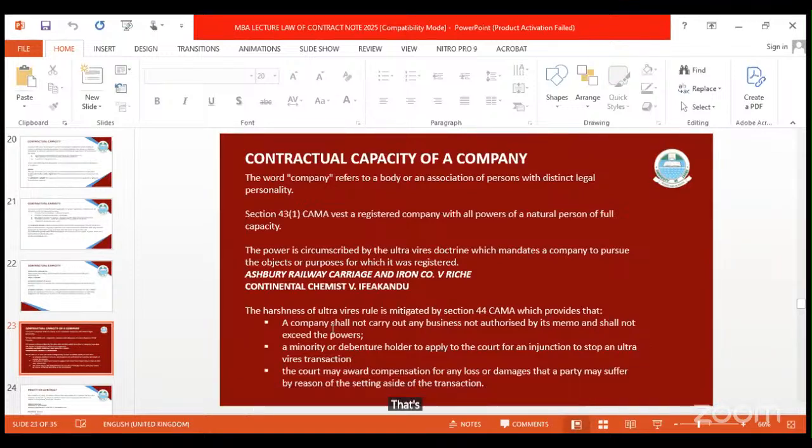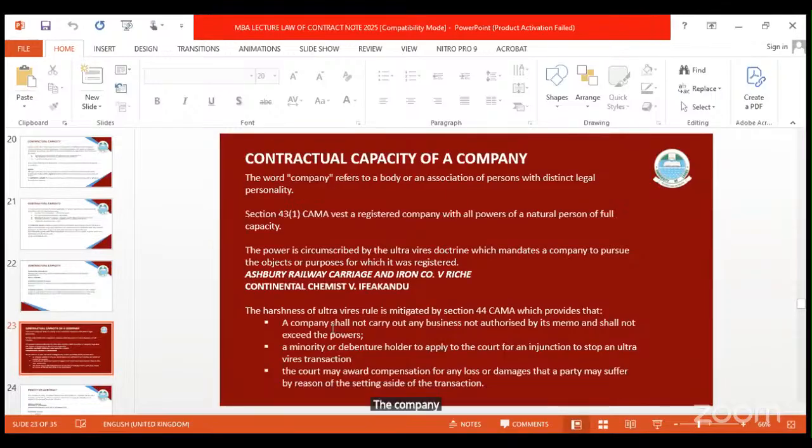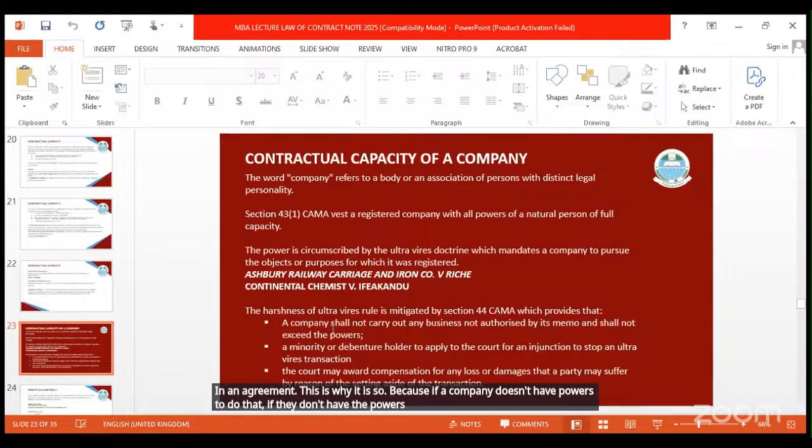That's why in every agreement involving a company, there will be a clause stating that the company hereby warrants that it has the powers to enter into this agreement. If a company doesn't have the powers in the object clause to do that, they are wasting their time.